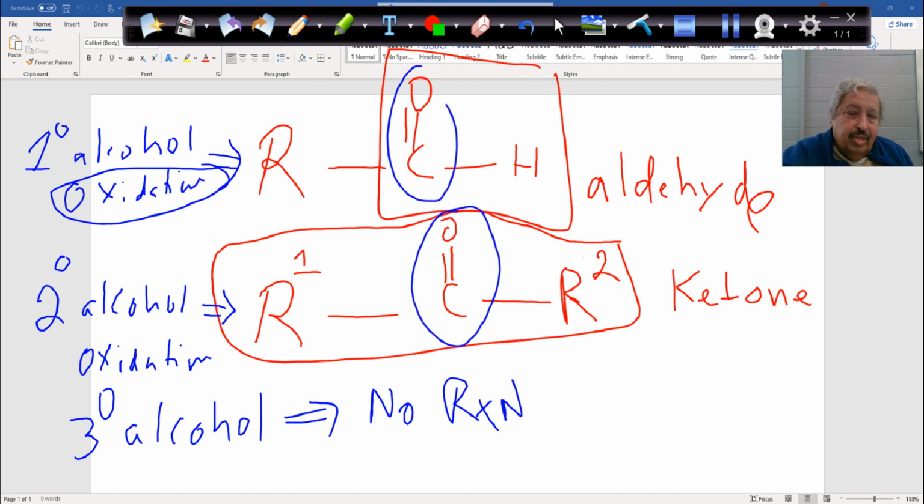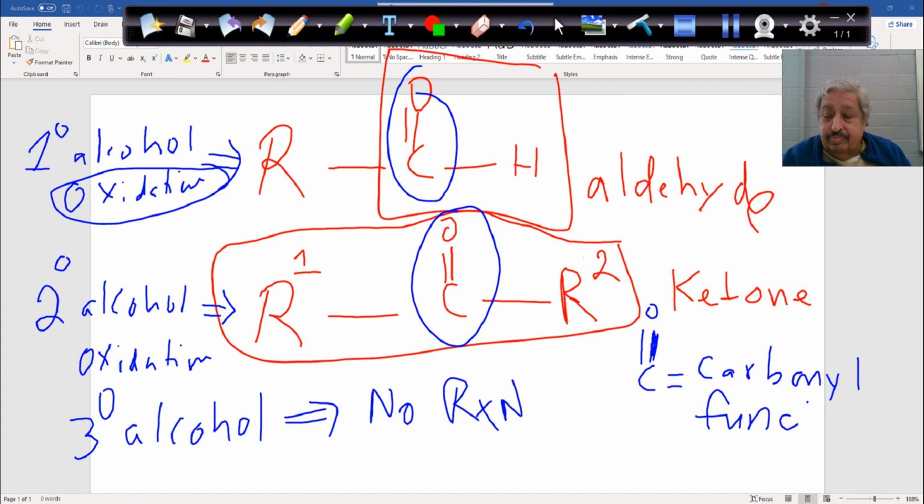This group here has a distinct name, carbonyl functional group. And the common name always ends up with aldehyde or ketone. The other one is always what we name according to their alkanes.